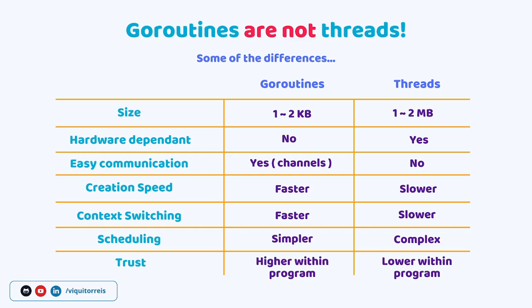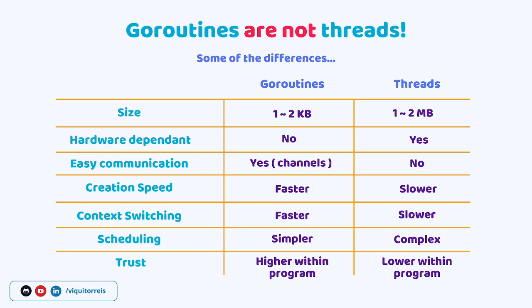OS threads, on the other hand, are much slower because the OS has to save and restore much more state information, and it must ensure fairness and security, which increases the time taken to switch between threads. So yeah, that's a lot of overhead.